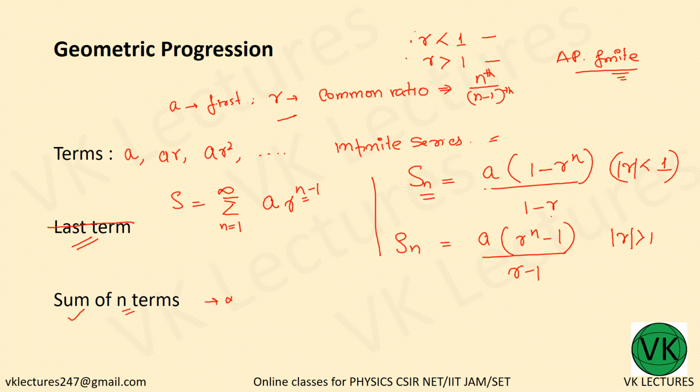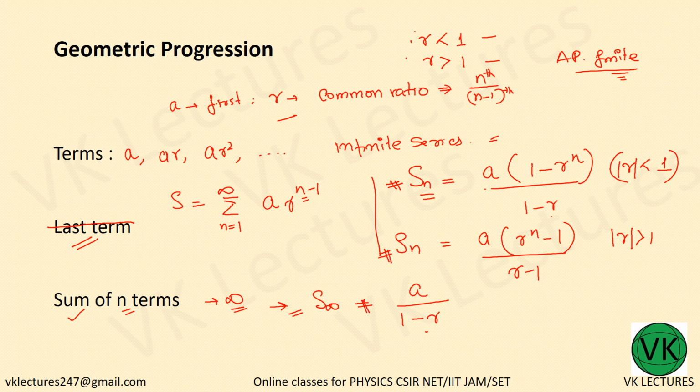If there are infinite terms, then S infinity, that means infinite number of terms, is a divided by 1 minus r. This is the formula. All these three formulas must be remembered. Important, we can put it as important.